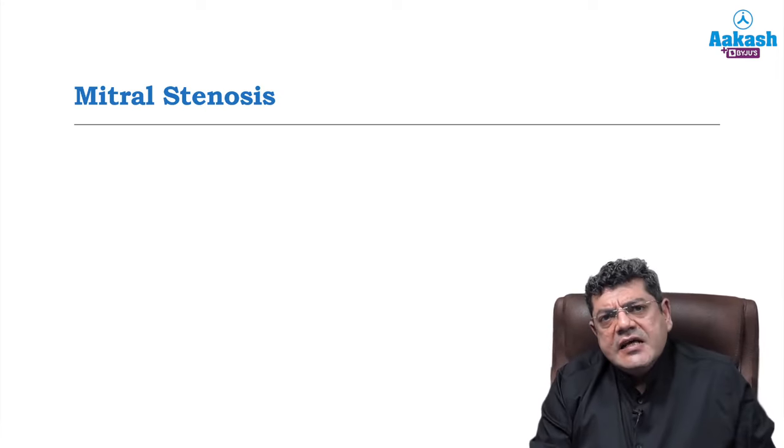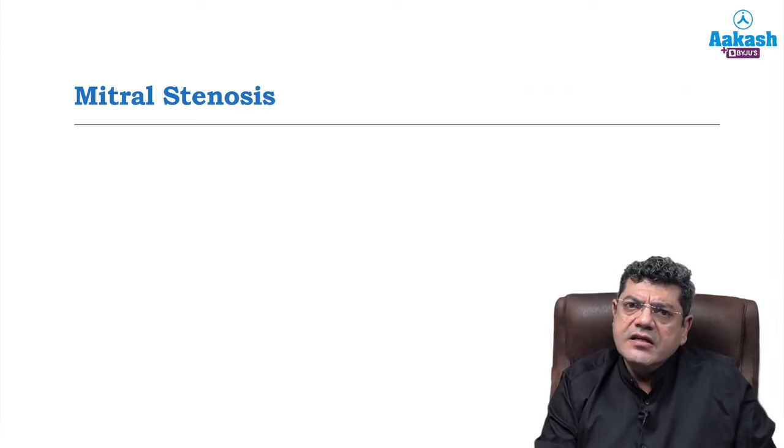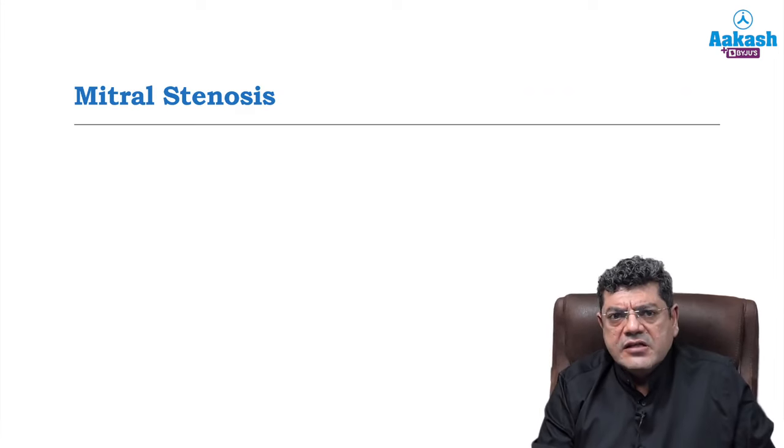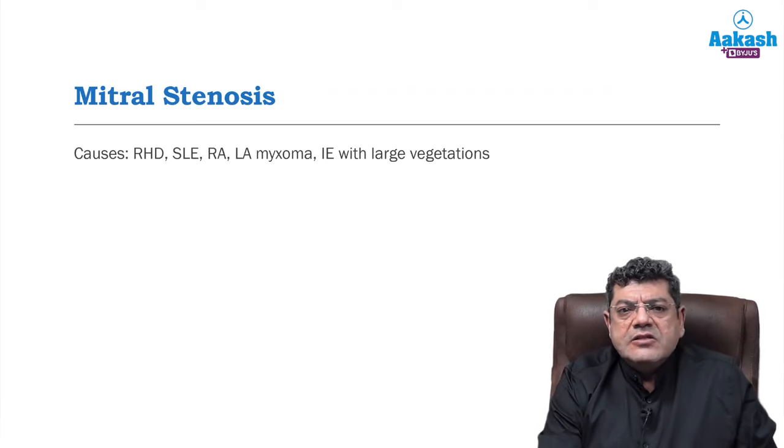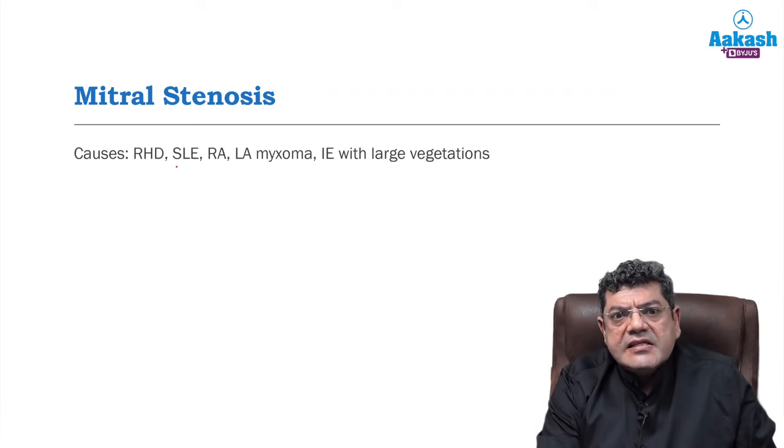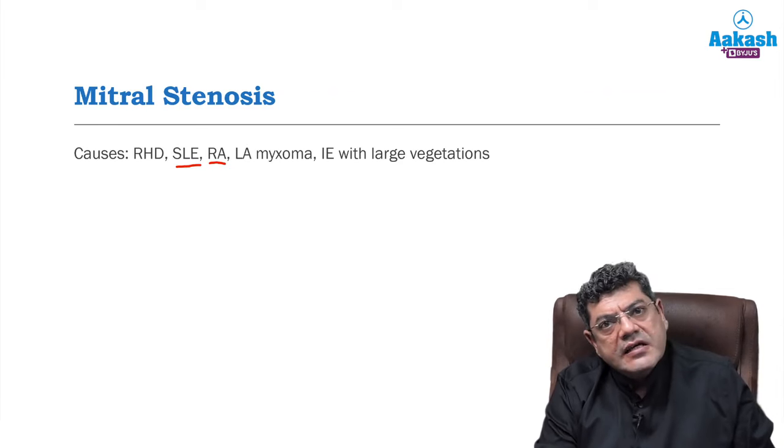So besides rheumatic heart disease, are there any other causes for mitral stenosis? There is also Libman-Sacks endocarditis of SLE. Rheumatoid arthritis can affect the mitral valve and cause stenosis.